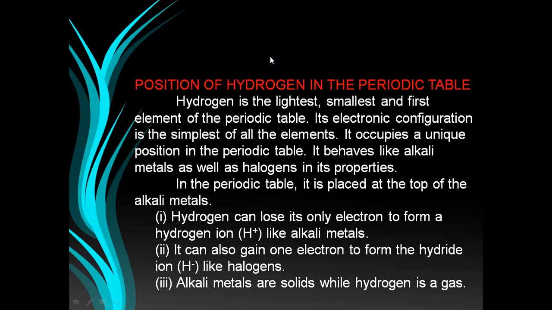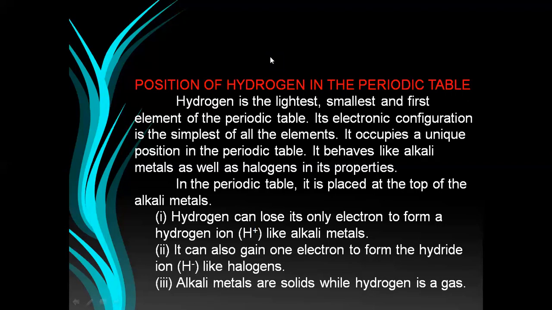The hydrogen behaves like alkali metals, but this other property is like halogens. We already know that group 1 metals react with water to form solutions, and they are called alkali metals.